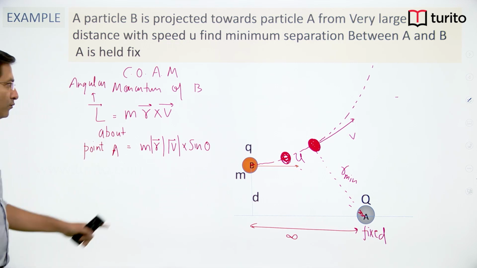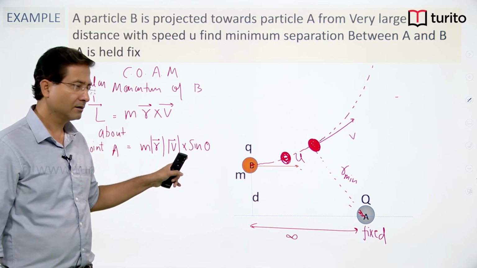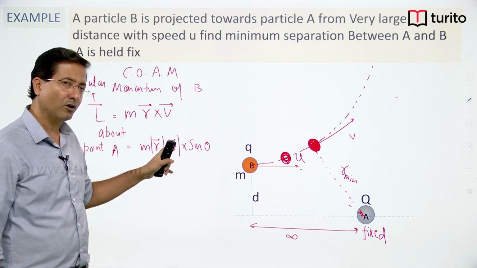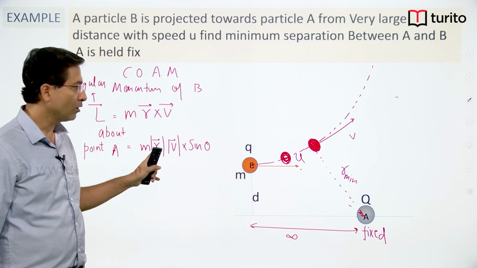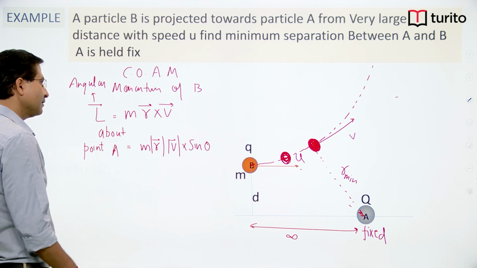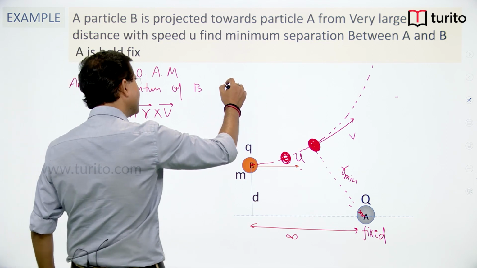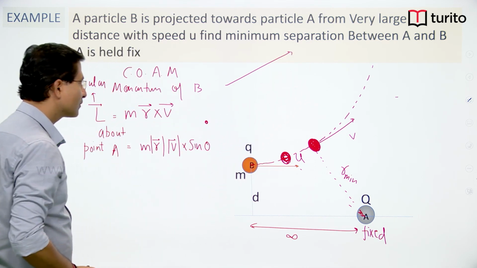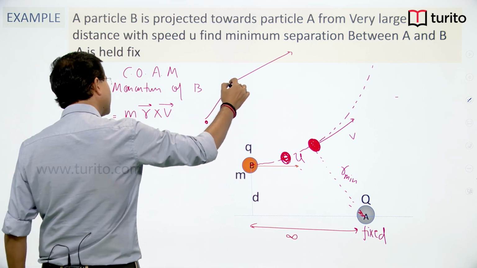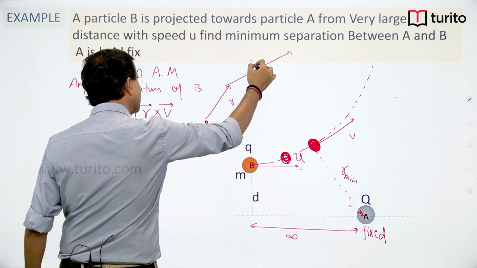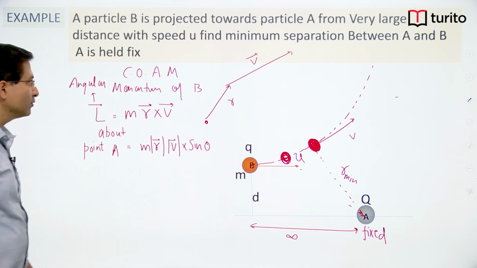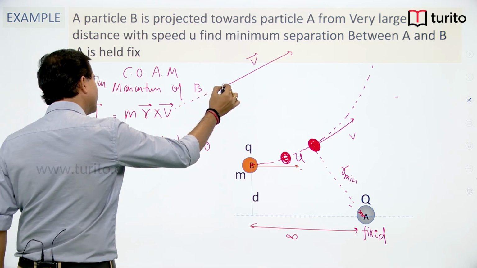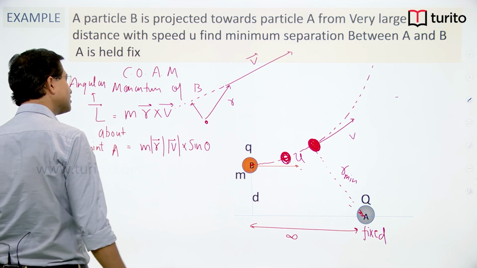right. V sin theta is nothing but the component of velocity perpendicular to r, or I can also write r sin theta. So, say the particle is moving in this direction and about this point I want to write, right. So, this is the r vector, this is the velocity vector. What I can do is extend the velocity and draw a perpendicular.